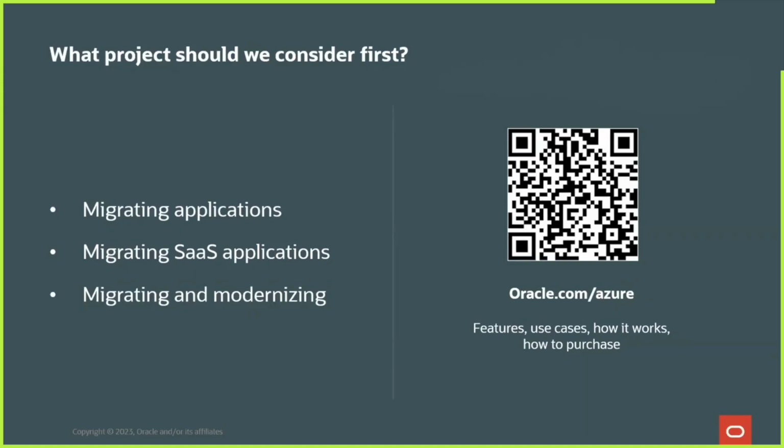But as Julian said, please feel free to reach out to the account manager to discuss any of those commercials. The good news is that you have the option to burn down your existing commitments within Azure. As far as the license, you can bring your own Oracle database license, and you can also use Oracle ULA to apply that, and you are still eligible for Oracle Support Rewards. So there are multiple ways to get the discount.